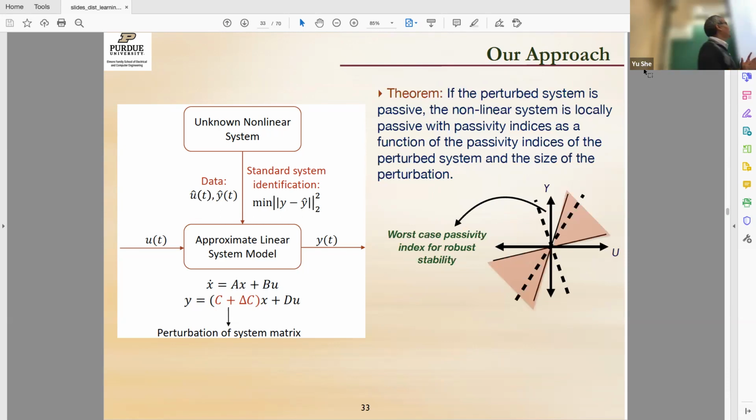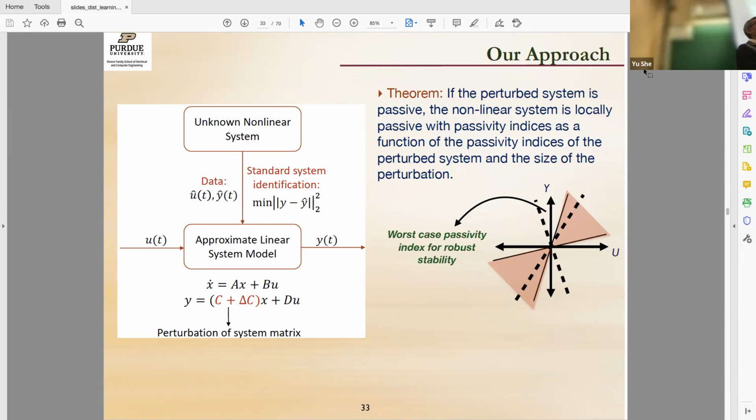Essentially, the result is kind of like this, right? So if I learn this system, if I keep perturbing it delta C till I get a passive system, let us say that, remember this cone system, right? The cone was related to how passive the system is. So if this system is very passive, then for the original system, the maximum nonlinearity, I can get a worst case bound, how much non-passive could it be?